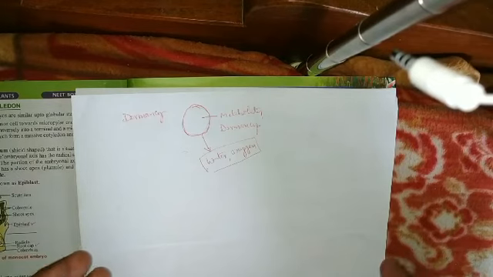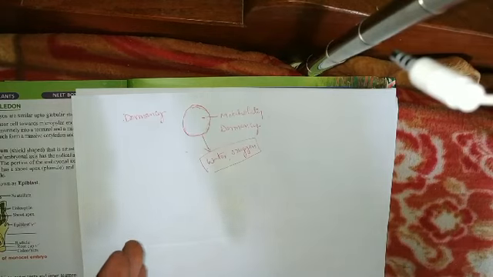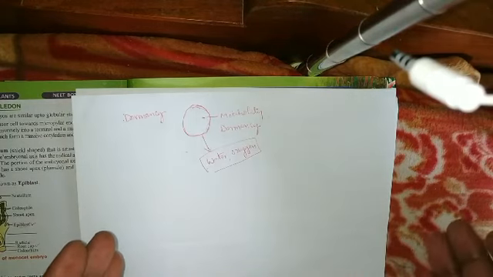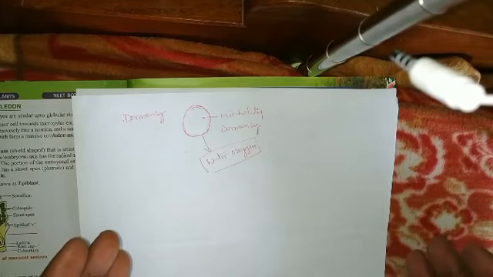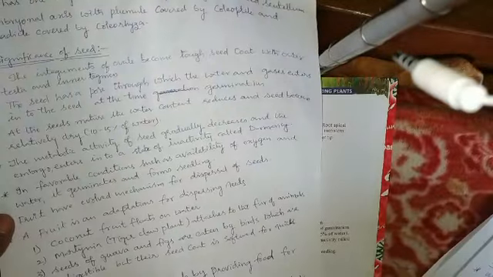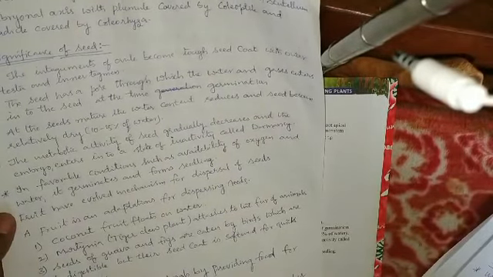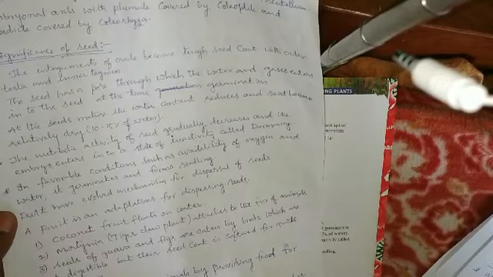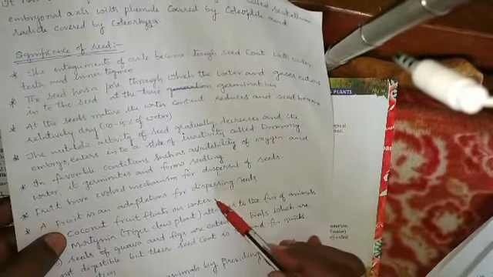One more example: some of the seeds are attached to animals. Through the animals, they disperse from one place to another. When they get a suitable substratum or land, they start germination. And some fruits are an adaptation for dispersing seeds. Coconut fruit floats on water.